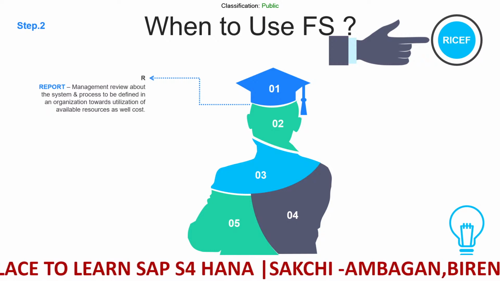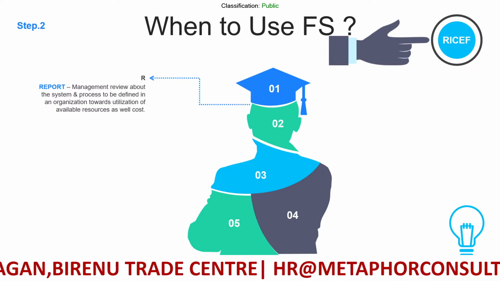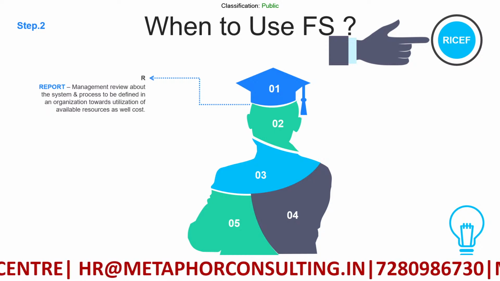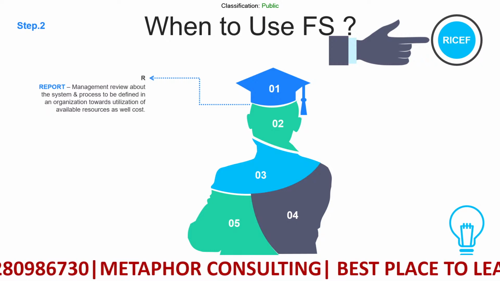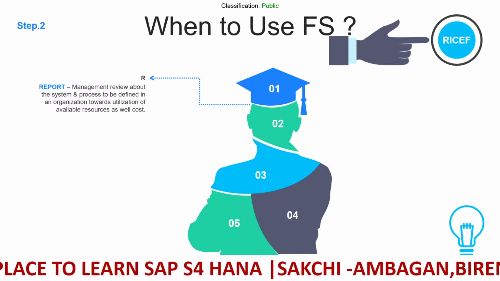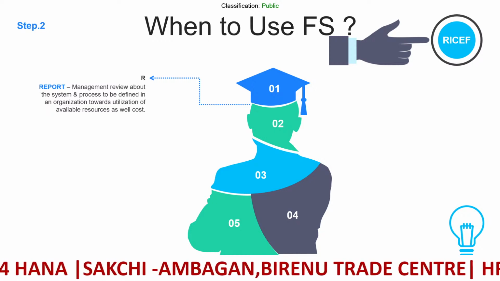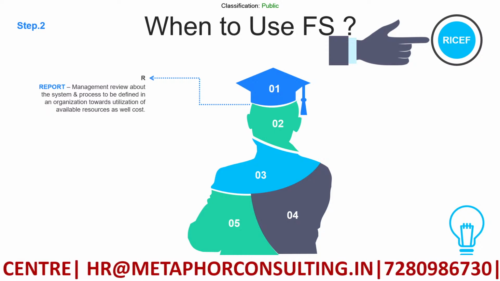The meaning of report is management review about the system and the process to be defined in an organization towards utilization of available resources as well as cost. An organization requires reports because they want to know what kind of resources are doing which kind of job, whether they are idle, whether they are working progressively.